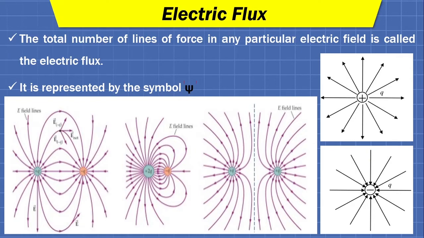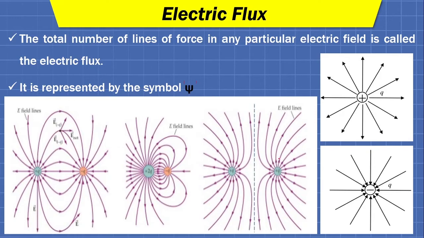Say we have equal charges separated by some finite distance, plus q and another plus q with some distance d, then the field will be like this. Here the dashed line shows that on this line any test charge will experience zero force due to the charge configuration.